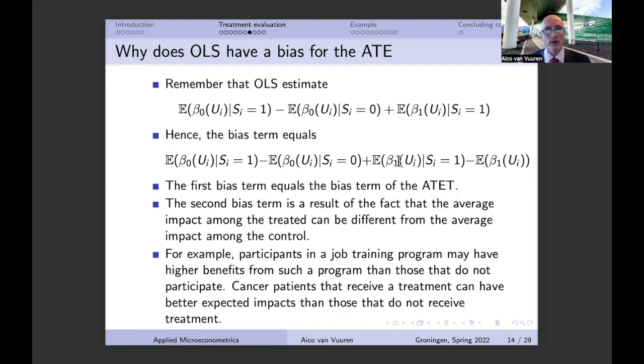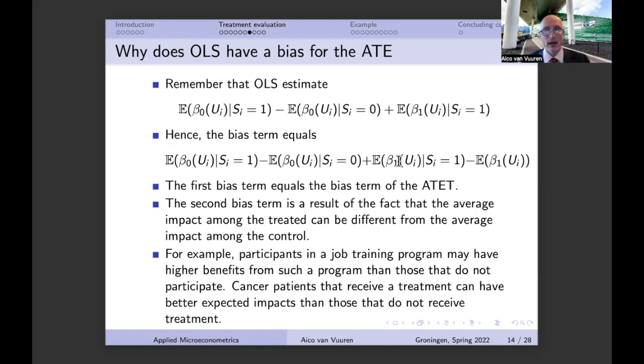Suppose that a particular medical doctor decides that one particular individual has such a low return or impact from a particular treatment, such as chemo, then this individual will generally not receive that treatment, simply because receiving chemotherapy is very costly, not just in monetary cost, but also in terms of the individual.